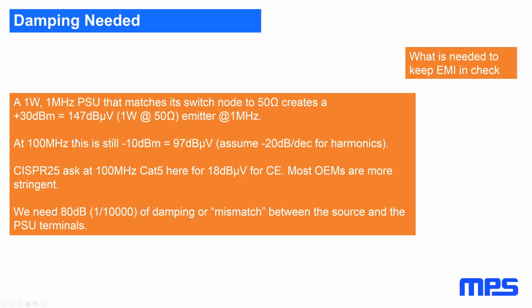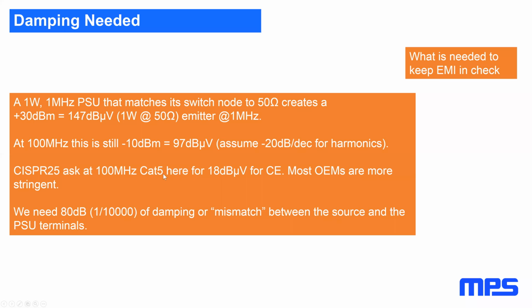At 100 megahertz, that would still be minus 10 dBm or 97 dB microvolt, if you assume that the harmonics go down with 20 dB per decade, which is true for a rectangular waveform. So even that is much higher than the typical limits.